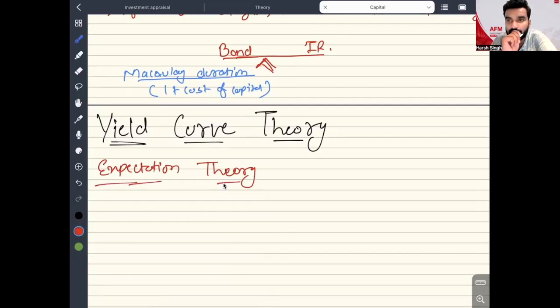What do we understand from expectation theory? That everyone is feeling that interest rate will be higher at the later date, due to which what happens? Interest rate is always higher at a longer duration term. That is called expectation theory.